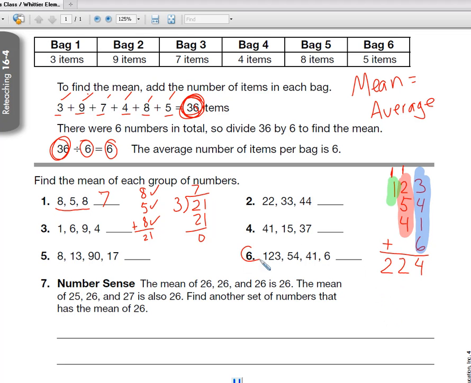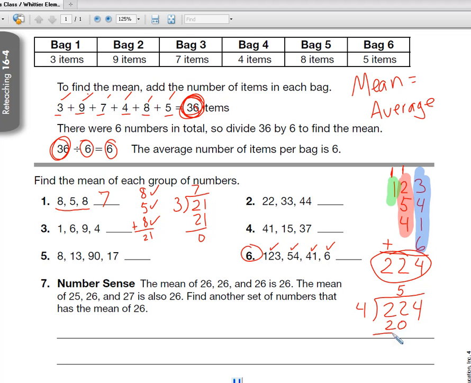This is for number 6. Now how many values did I have? I had 1, 2, 3, 4. So I need to take this sum and divide it by 4. 224 divided by 4. Alright. Now I'm going to go ahead and get my average. 4 does not go into 2 at all, but it does go into 22. How many times? 5 times. Now I multiply. 5 times 4 is 20.